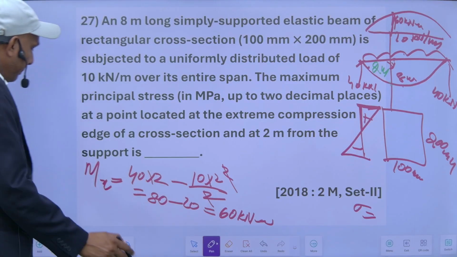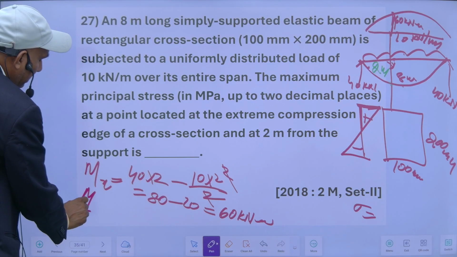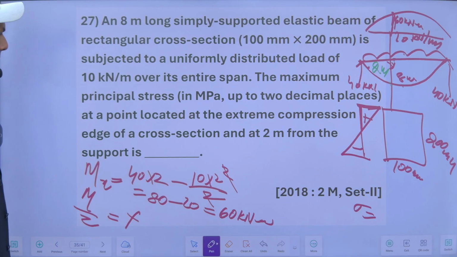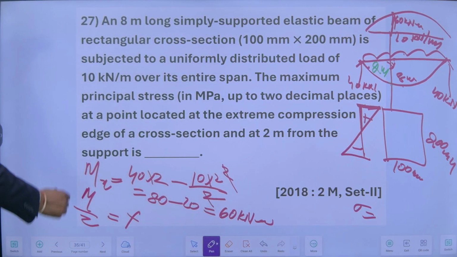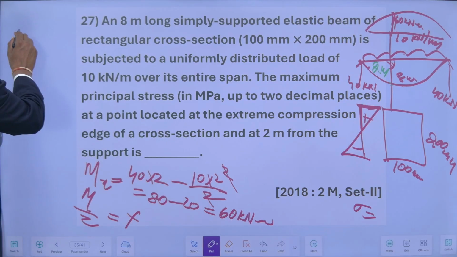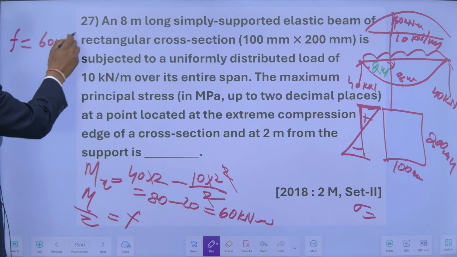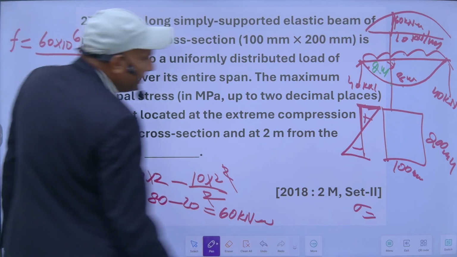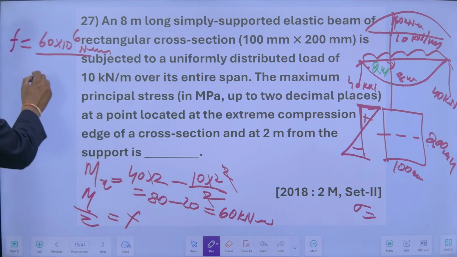So M upon Z is equal to F. The maximum bending stress will be here. So F is equal to M upon Z. M is 60 kilonewton meter, which in Newton mm is 60 into 10 to the power 6, divided by Z. Z is the section modulus. The section modulus of this will be BD square by 6.